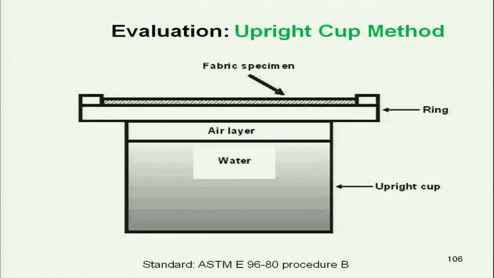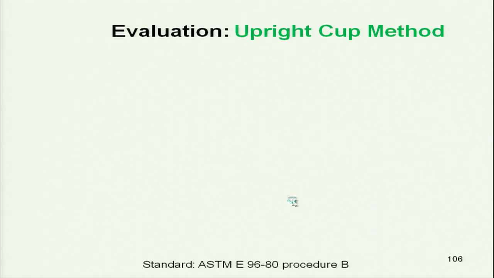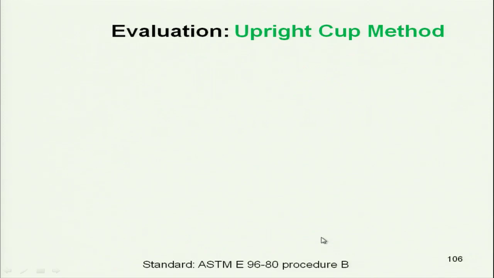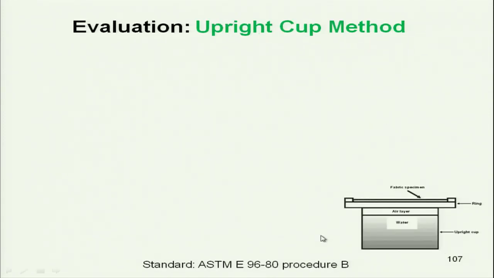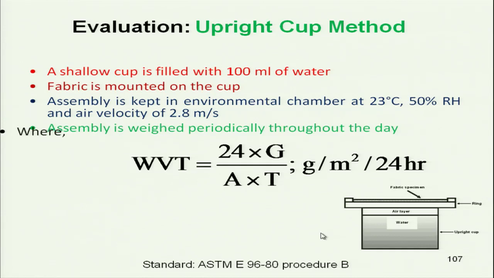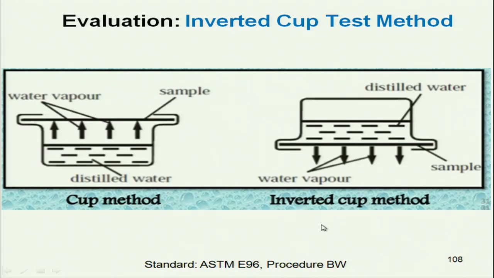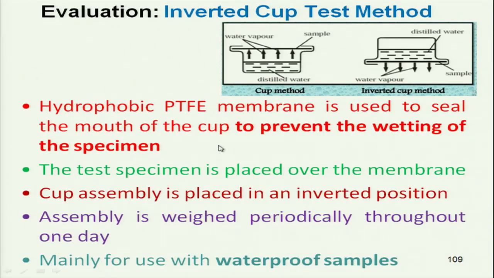Similarly, the upright cup method is exactly similar to the evaporative disc method. It is as per the BS standard, while this one is as per the ASTM standard. The measurement method is almost the same. Another method is the inverted cup method, which is used for waterproof fabric, where a hydrophobic PTFE membrane is used to seal the mouth of the cup to prevent wetting of the specimen.